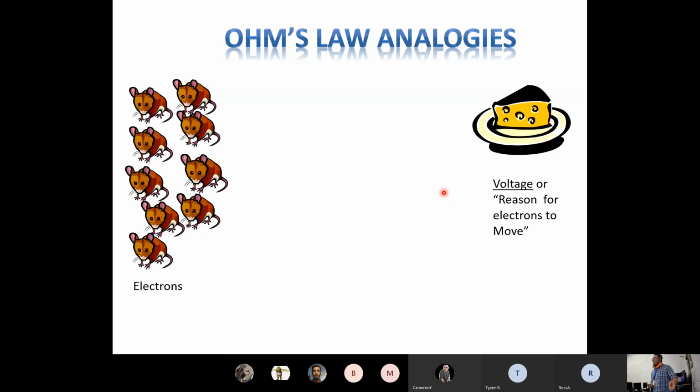They want to get to the cheese. It's their reason for moving from where they're sitting right now over to where the cheese is. They like cheese.